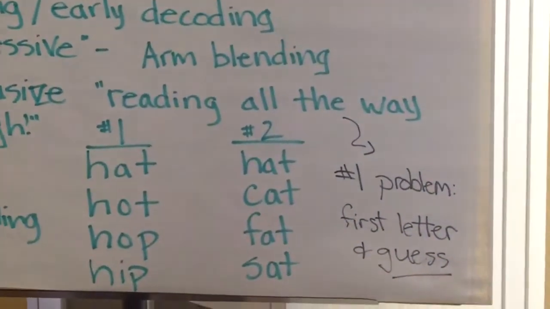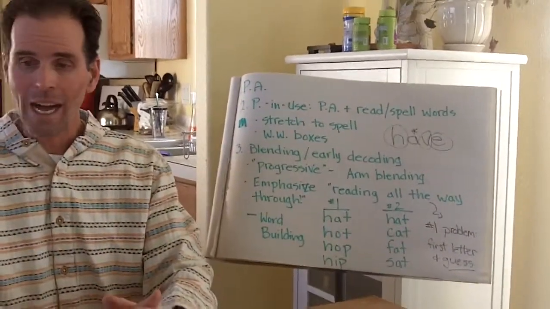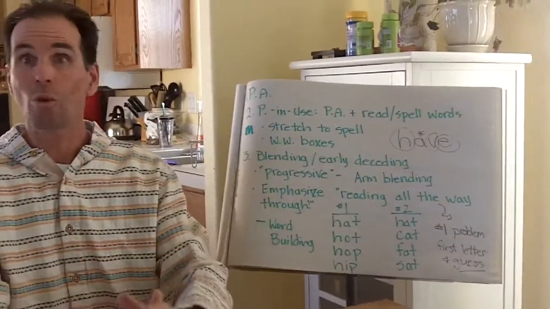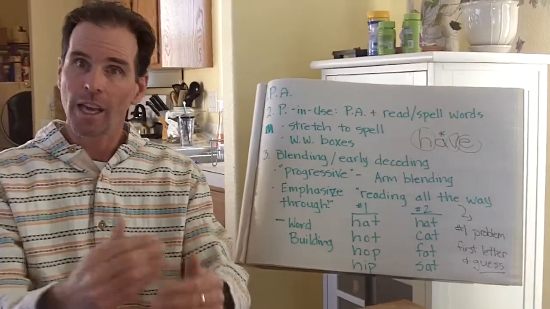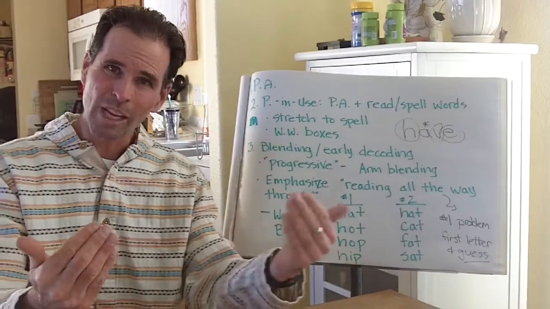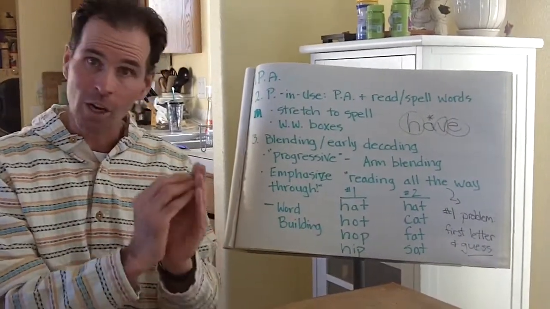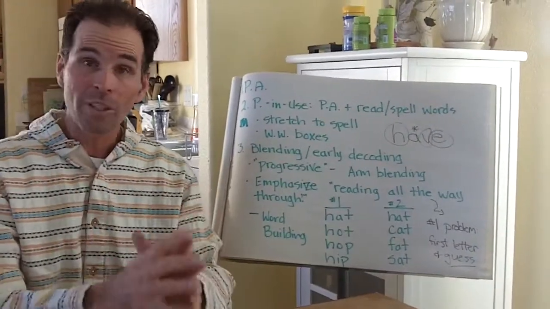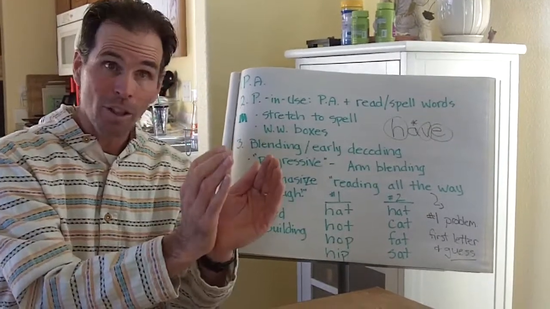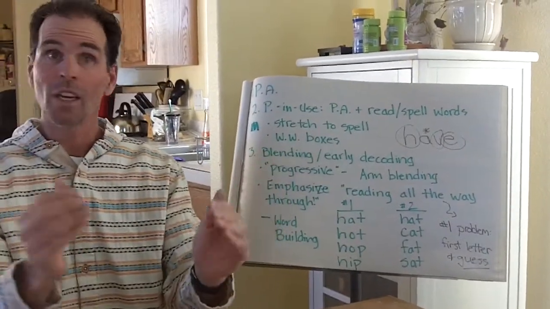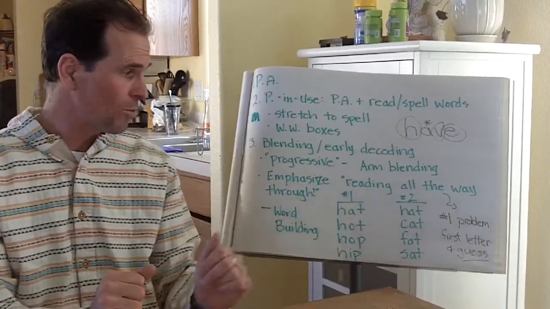So the kid who hits a word like ranch, and they go run, and just abandon that effort to read through the word. That is, again, the hallmark of a struggling decoder at every level. For multi-syllable words, maybe for our seventh graders, it's start with the first syllable and guess. And we need to build that commitment to reading all the way through the word.